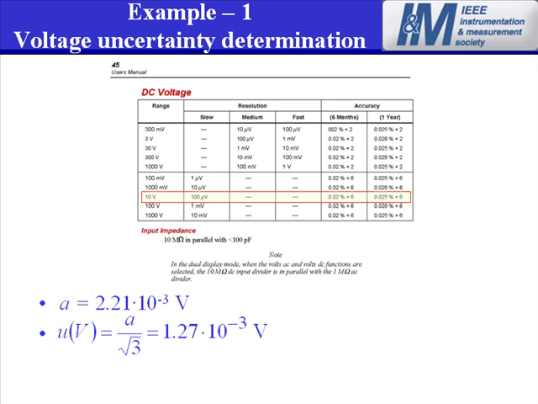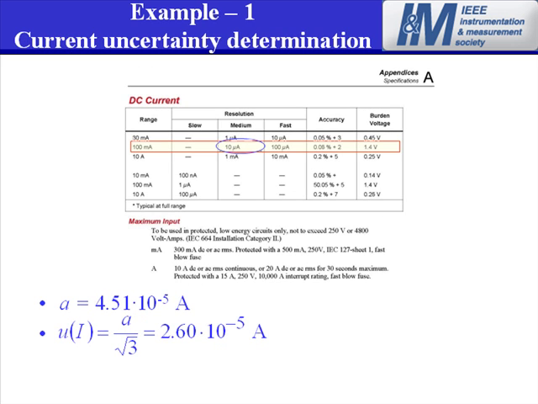So we find that voltage uncertainty is 1.27 millivolts. Similarly, again, we show the manufacturer specification for the selected current range, and the current uncertainty here is 26 microamps.